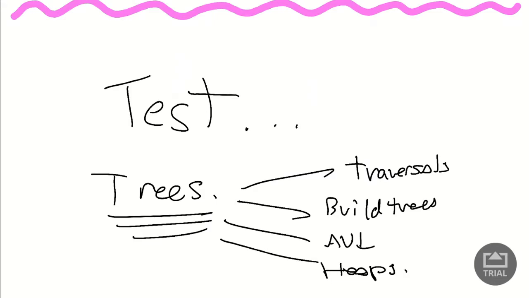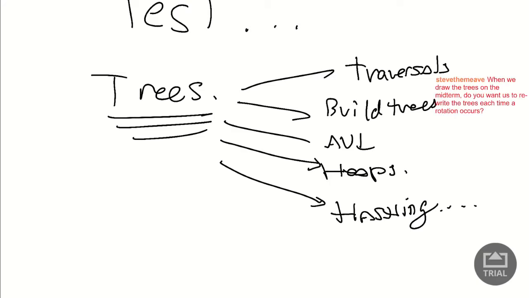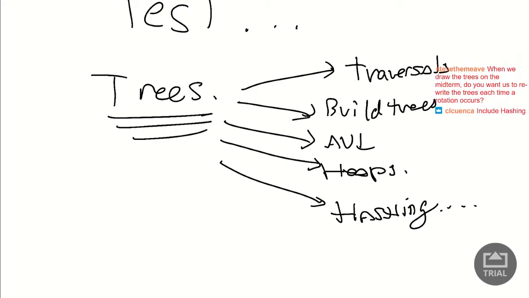But now my question to you is if you'd like me to also include hashing or to defer that to the final exam. Before you completely answer that, do think about the following. If you do the hashing stuff now, at least you get it out of the way and it's fresh in your mind. But if you wait until the final, then it's going to be a month, because hashing is one of those things we're going to talk about and then move on.